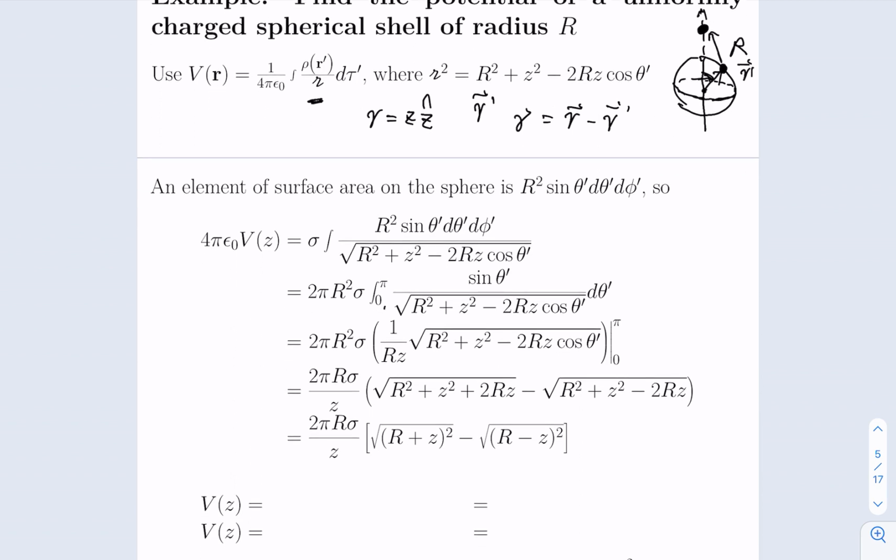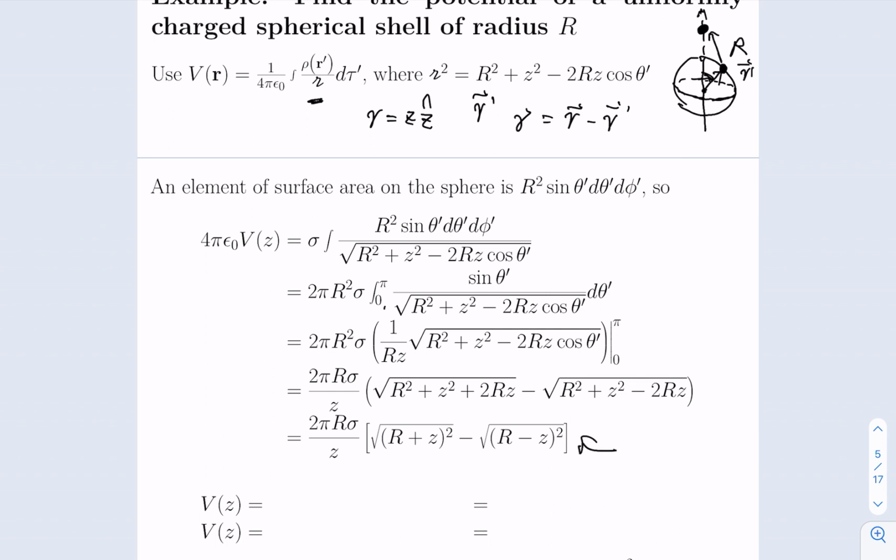If we work this out, in the end you can see that it has two terms: one is the square root of r plus z squared, and another is the square root of r minus z squared.